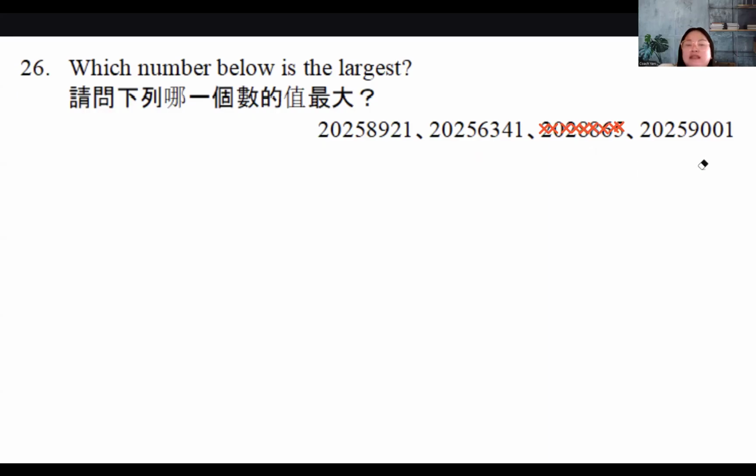Don't do step 2 immediately, wherein you compare left to right. So after you count the digits, you compare each of the digits from left to right. If you compare all of them, they are all 2, right? If you compare the next digit, they are all 0, correct? So they're all equal. Then they're all 2 again from left to right, and then they're also all 5.